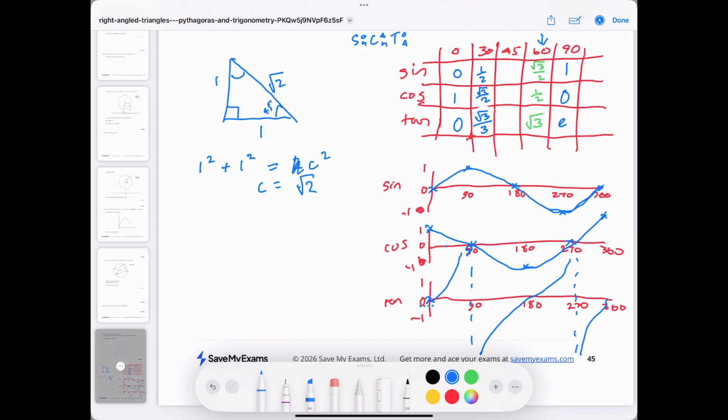Okay, so using the 45, we are now going to do sine of 45, which would equal 1, which is opposite, over hypotenuse. So it'd be 1 over root 2. Cos of 45 would equal, again, adjacent over hypotenuse, which is 1 over root 2.